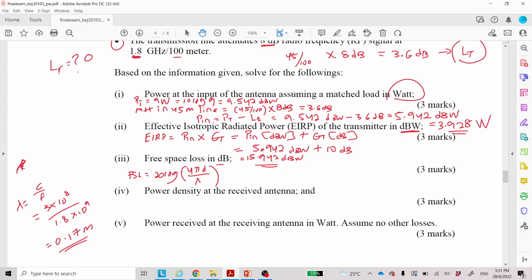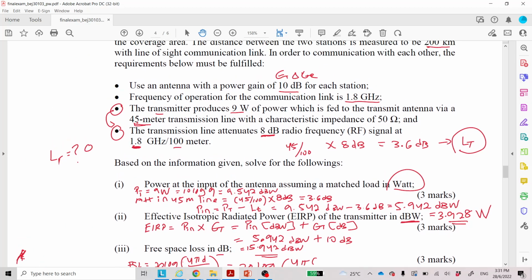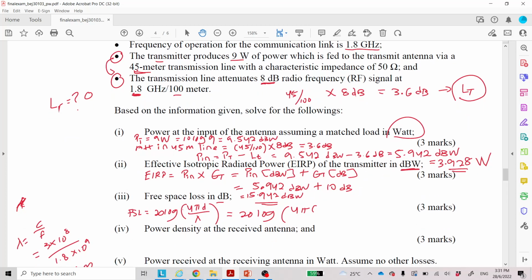So this is 20 log of 4 pi multiplied with 200,000 meter, divided by lambda 0.17.